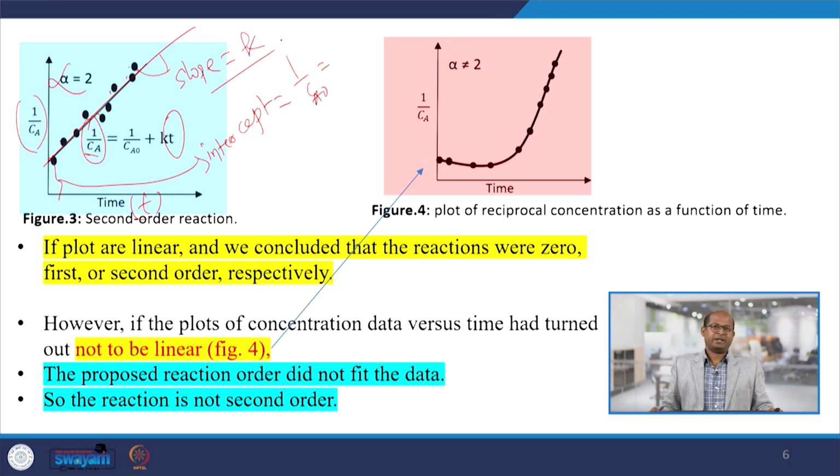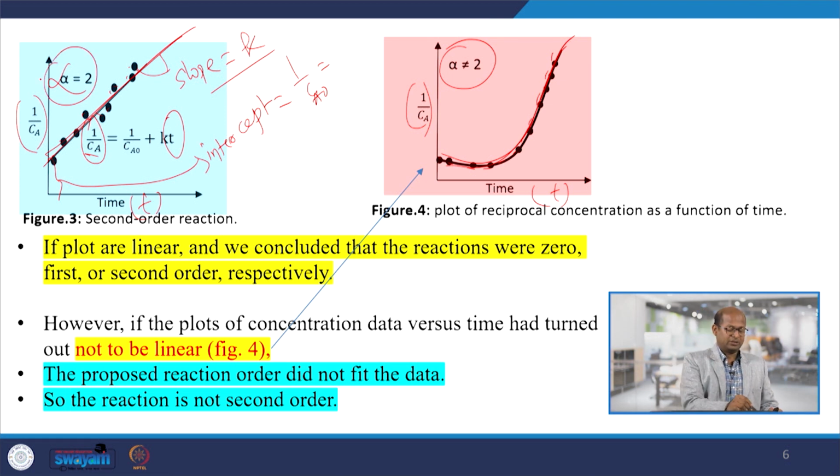If it is second order, then it would be a straight line. If it is not following second order, then when we plot 1/CA against time, the dotted points would not form a straight line; it would be curved like this. If this is not acceptable, alpha not equal to 2, it means the order of the reaction is not second order.